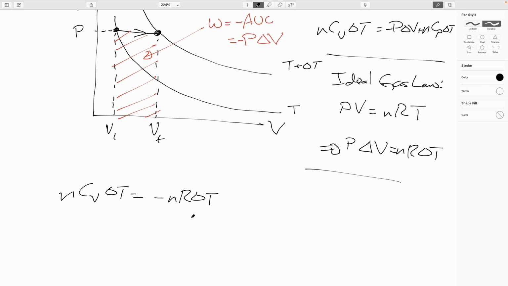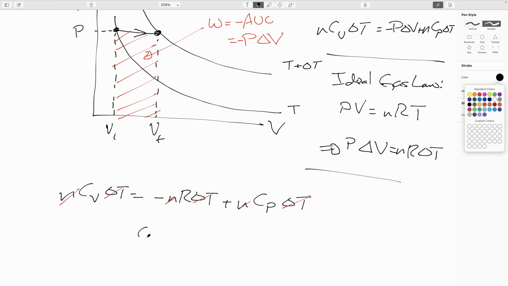So n CV delta T equals minus nR delta T plus n CP delta T. Well, I can cancel from each term an n and a delta T. And if I rearrange, I get that CP equals CV plus R.